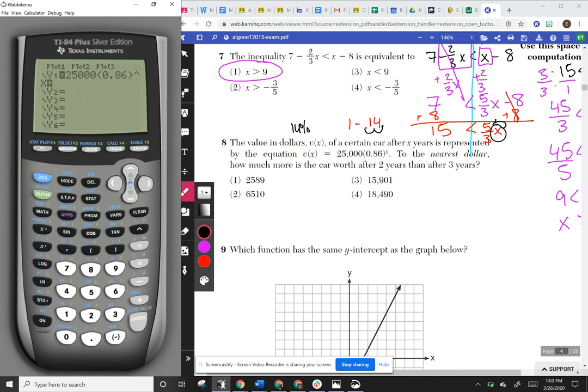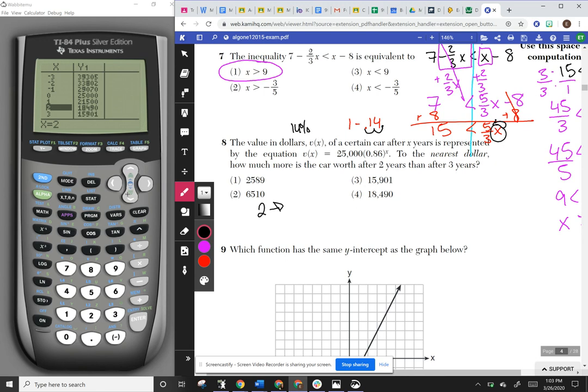And now we're going to go to our table. So after 2 years, how much is this car worth? So at 2 years, it's worth 18,490. And after 3 years, it's worth 15,901. By the way, I am getting this from the table right here, from Y1.